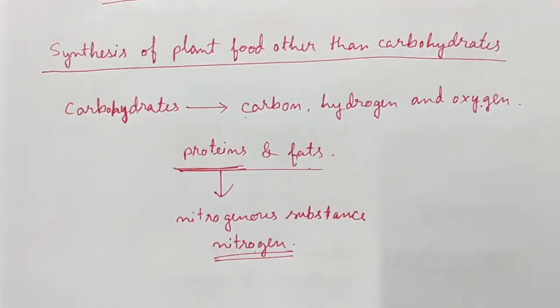So in the soil, there are certain bacteria that can convert this gaseous nitrogen into a usable form and release it into the soil. And then the plants can absorb the nitrogen.